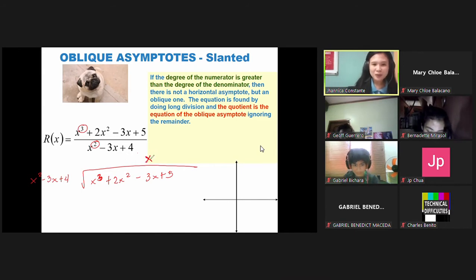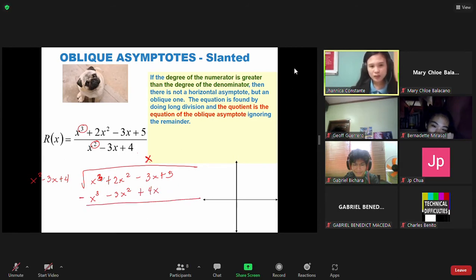So multiply the quotient by the divisor. x times x squared will be x cubed. x times negative 3x will be negative 3x squared. x times 4 will be positive 4x.